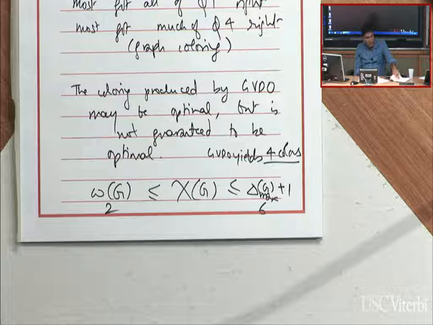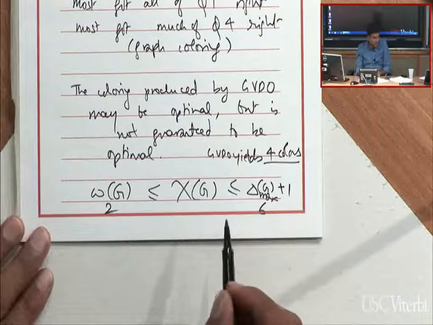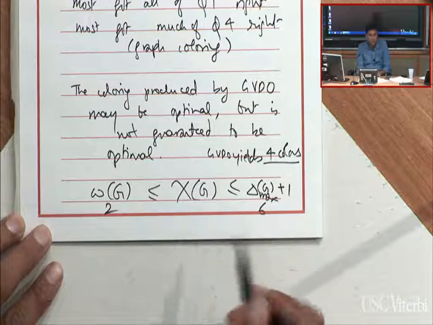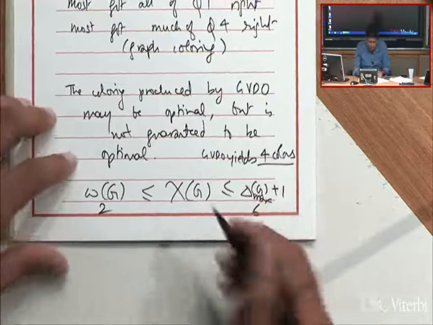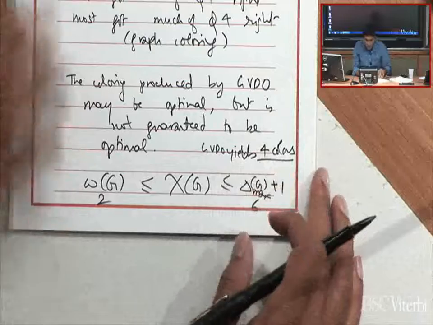So unless you have a way of demonstrating that on this graph there's no way to color it with 2 or 3 colors, the fact that GVDO returns 4 may well be optimal, but there's no proof that it is. And so you can't just say this is equal to 4 without some justification. So I was looking for some thinking through of that issue. So this is one thing I wanted to mention.